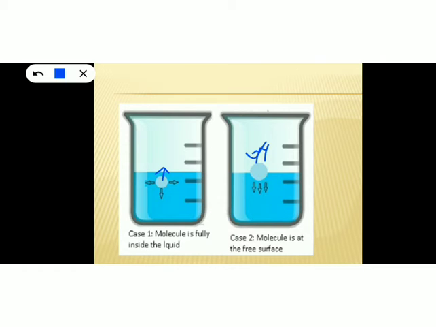To overcome this downward pull, the molecules on the surface have to do some work, isn't it? So downward force on the molecule is maximum. Whenever a molecule comes to the surface, it is doing some work to overcome this downward pull, and this work then resides as potential energy in the molecule on the surface. Thus molecule on the surface of the liquid has potential energy. This energy is called surface energy.